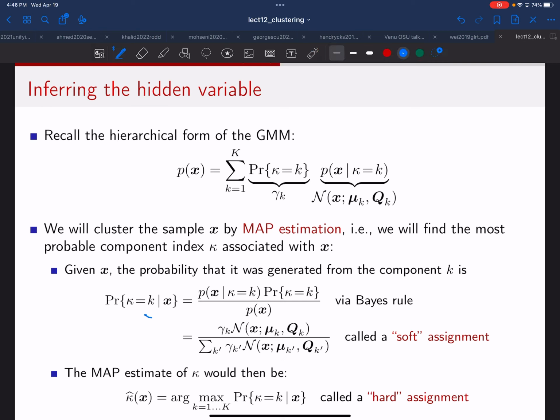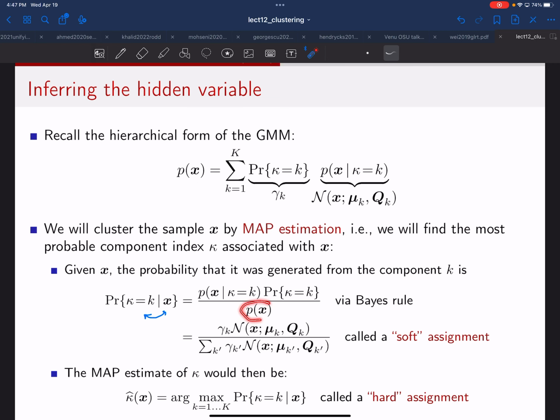So Bayes' rule says, when you swap it, you get X given kappa, multiplied by the probability of kappa, divided by the probability of X. The main thing we've accomplished is we've rearranged this, and the reason is that this is something that's easy. We know the probability of X if you tell me kappa: that's just a Gaussian. Also, we know the probability that kappa equals K is just gamma K.